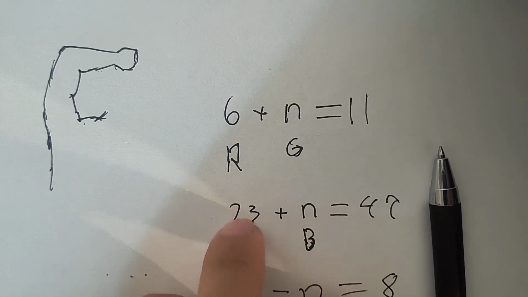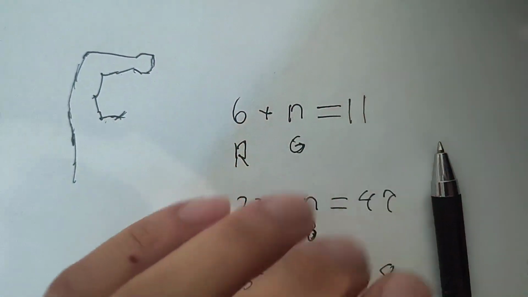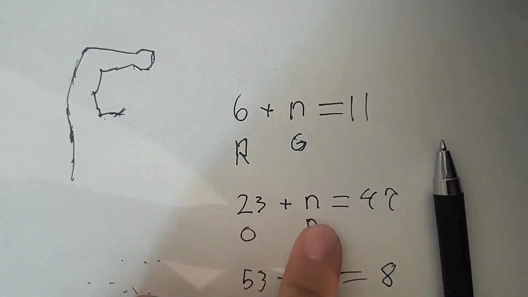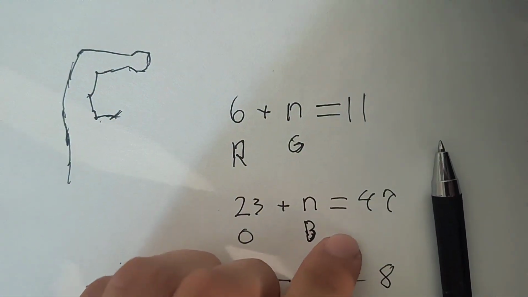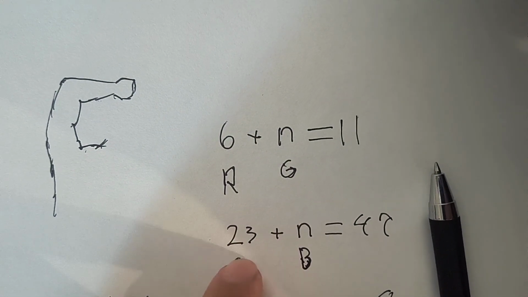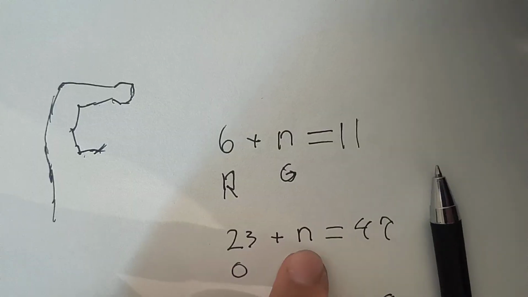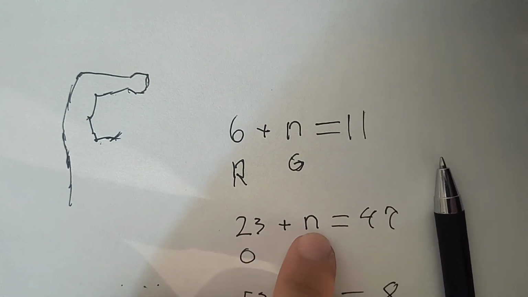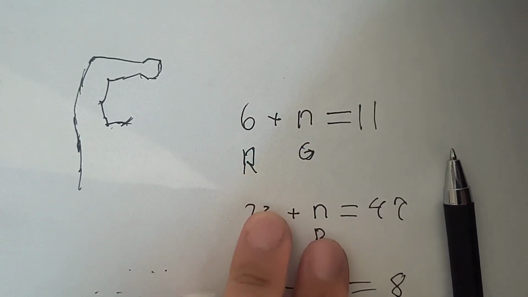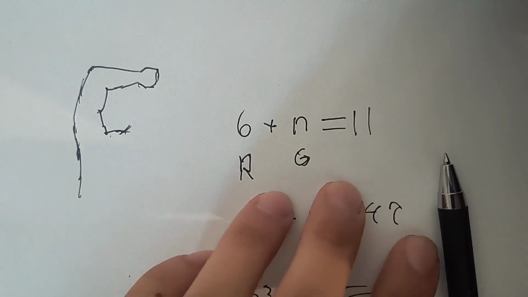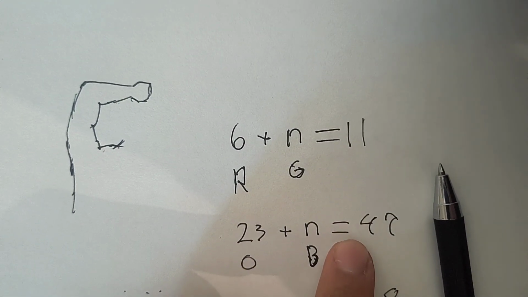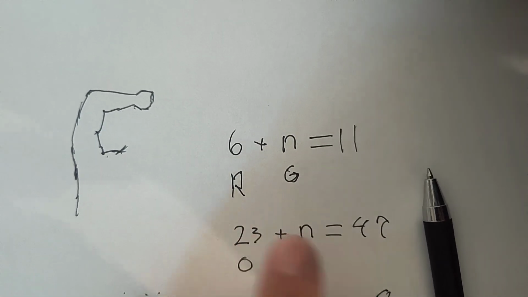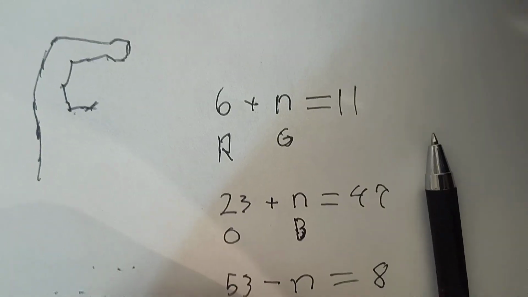If you were trying to show how many the orange plus blue equal, you would say 23 orange plus a certain amount blue equals 47 cars in total. You don't know how many are blue, but you know that the orange plus the blue equal 47 cars. That's how you represent that. And you can figure out how many are blue by subtracting 23 from 47.